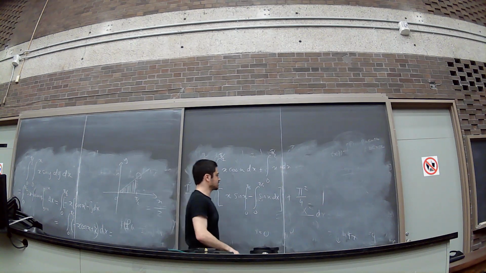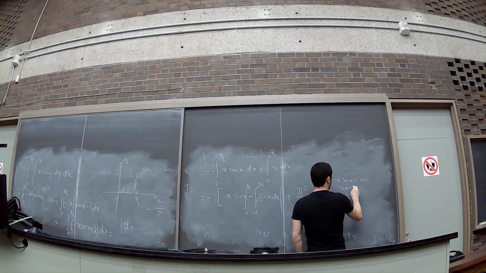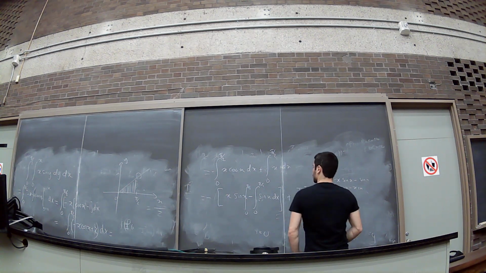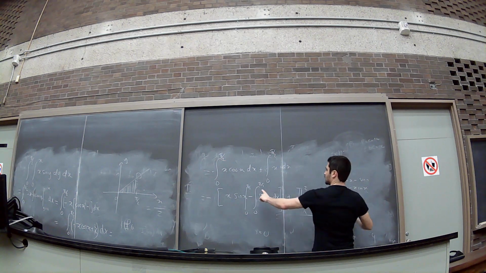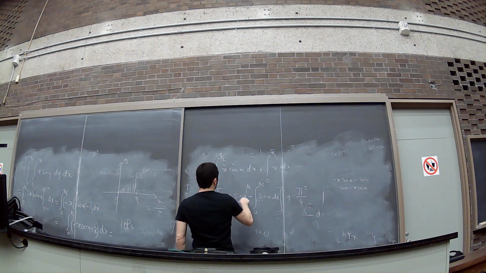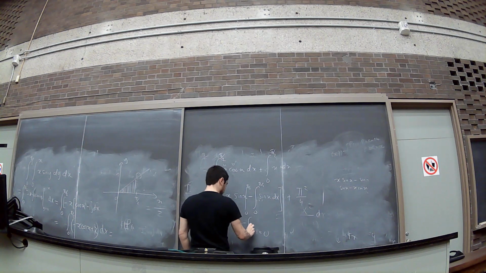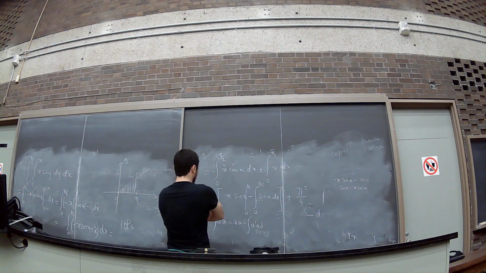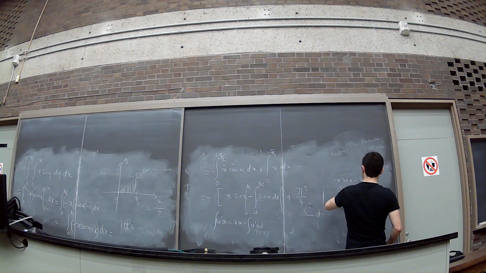Right? Differentiate x sine x minus sine x, so we get sine x minus x cos x.